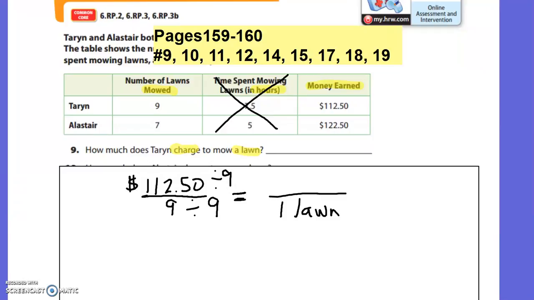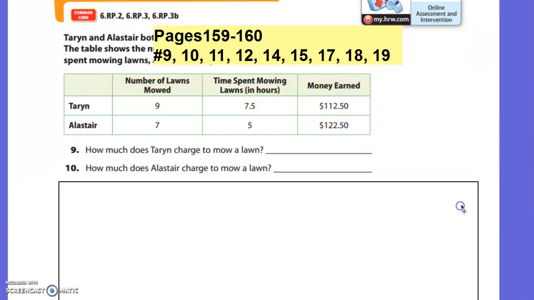And let's go ahead and take a peek at number 10 as well. How much does Alistair charge to mow a lawn? It's the same exact thing. Alistair's problem would look like $122.50 for he only mowed 7 lawns. So if you want to figure out how much he makes for 1 lawn, you would divide by 7.